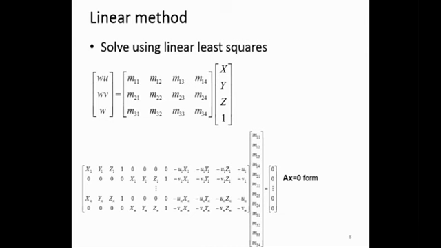So I've got my equations here. If I just multiply them out, I'll get WU equals M1, where M1 is the top row, times XYZ1, and W equals M3 times XYZ1. And then if I just substitute M3 XYZ1 for W, then I get constraints of this form. It's always easy.